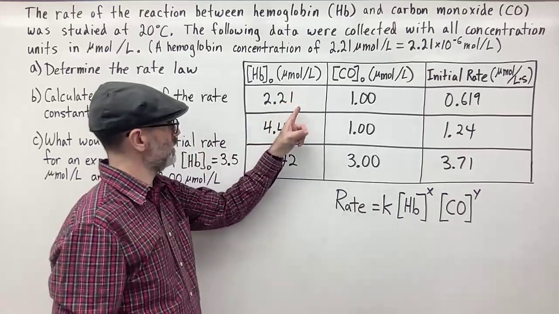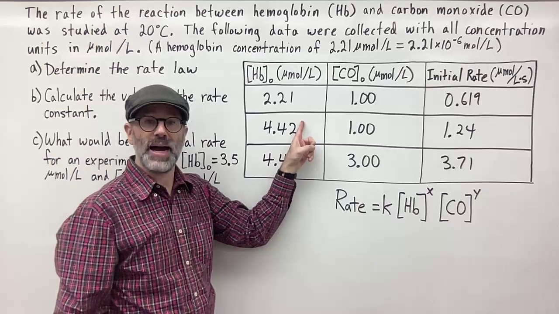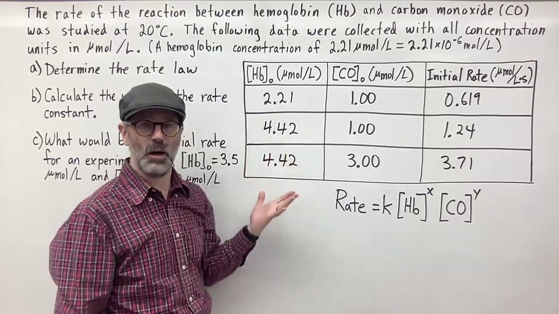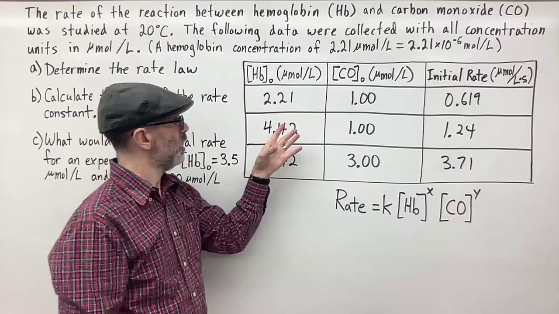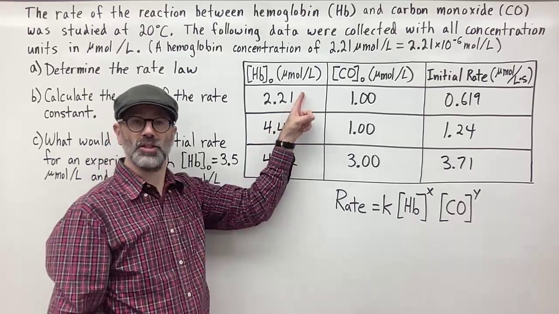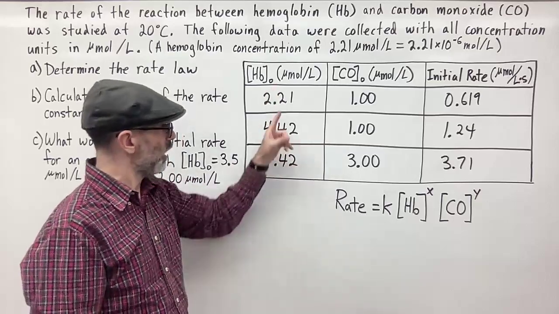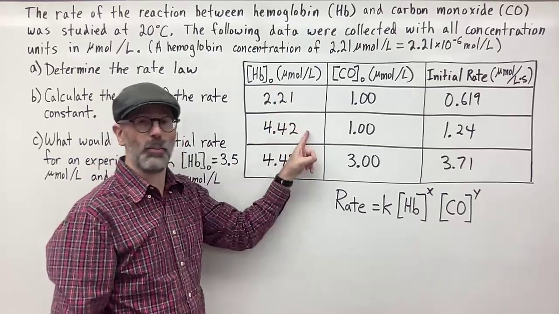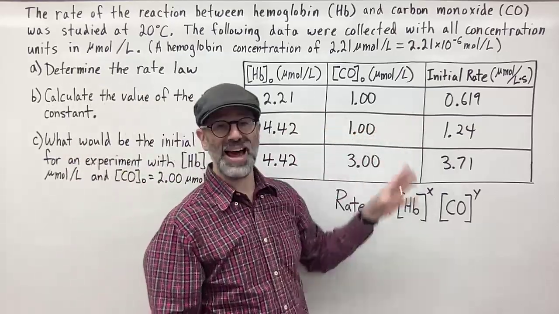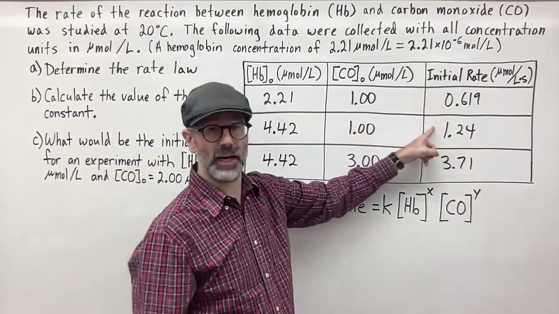What you'll notice is that this differs by a factor of 2. 4.42 is double 2.21, so I'm doubling the concentration when I go from trial 1 to trial 2. Now, if the concentration doubles, we can look at how that affects the initial rate of the reaction.